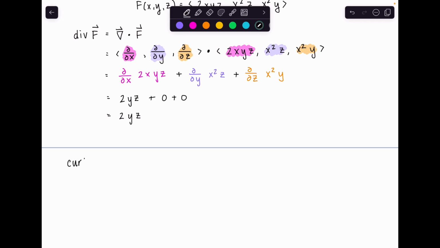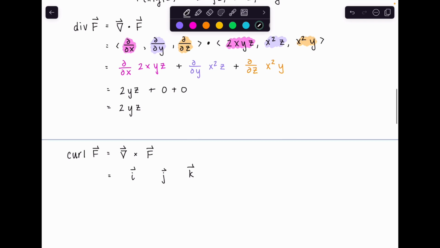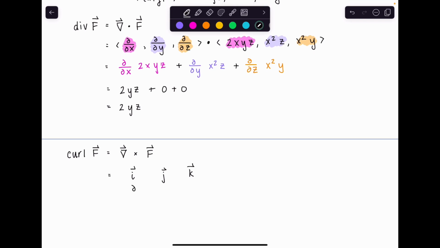Now let's do the second operation. Let's find the curl of this vector field. So for this I need to take a cross product. And remember, when we do a cross product, since it's been a while, we've got to find the determinant of the matrix which has i, j, k. I put my del operator first because that's first in this definition.